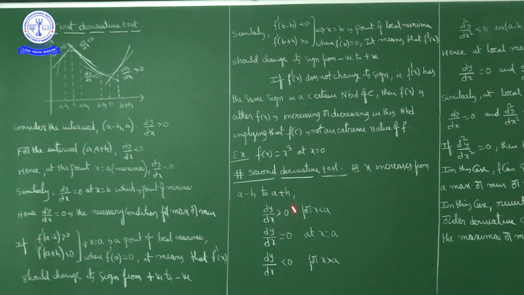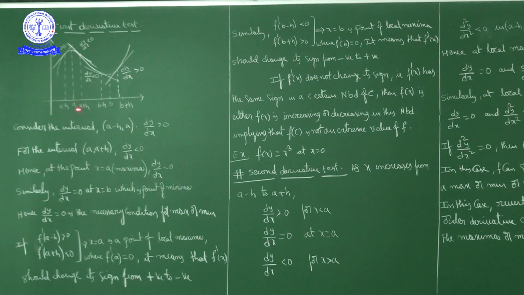dy by dx is positive for x less than a, means x belongs to a minus h to a, dy by dx is positive. Now dy by dx is 0 at x equal to a, and dy by dx is less than 0 for x greater than a. x greater than a means x belongs to the open interval a to a plus h. Now d square y by dx square, how will we calculate it?